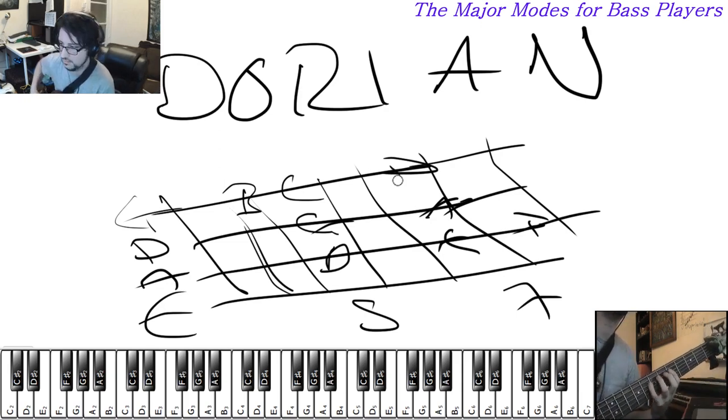So one more time. So 5, 7. And that's the Dorian mode, which you can use over 7th chords, or a blues, for example.